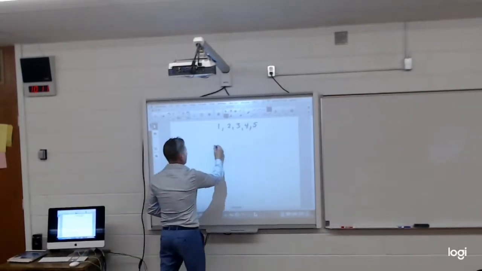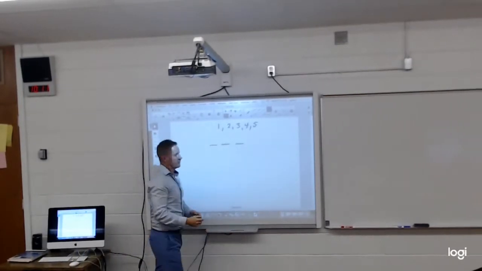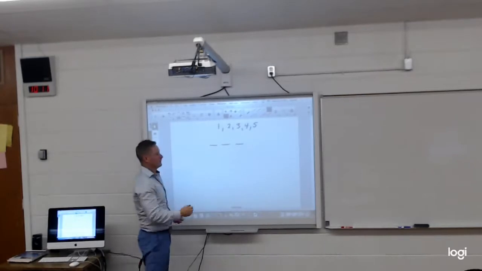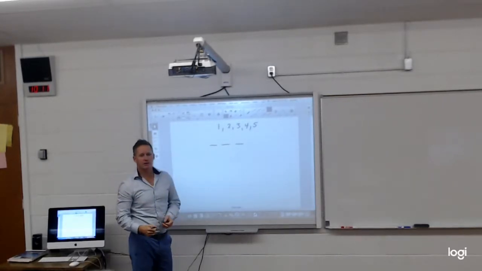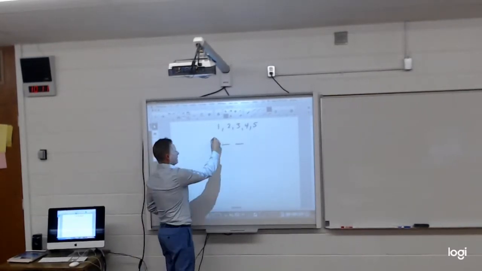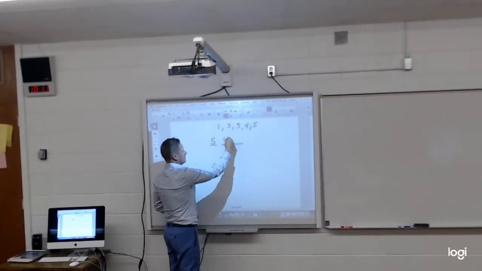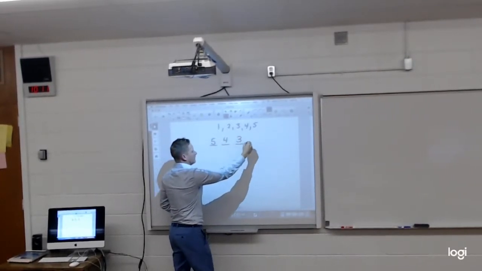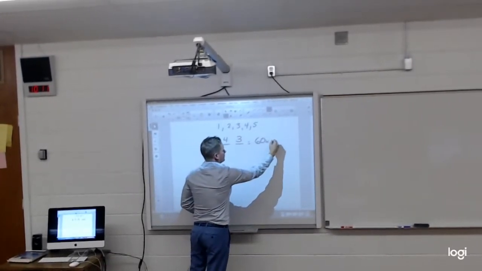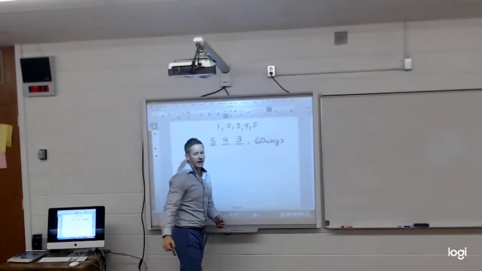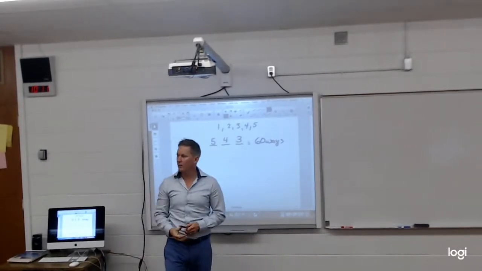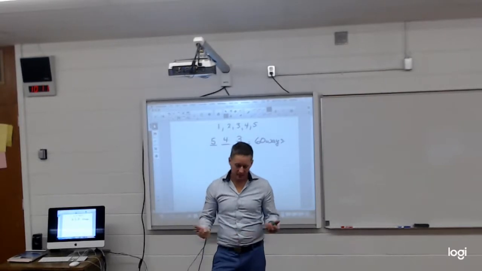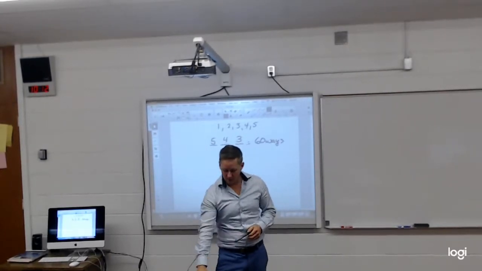So I have 3 blanks here, correct? The first blank, how many digits do I have a choice of? 5, and then 4, and then 3, which gave me 60 ways in which I could do this if I had no restrictions on the question. Okay? Not too difficult.